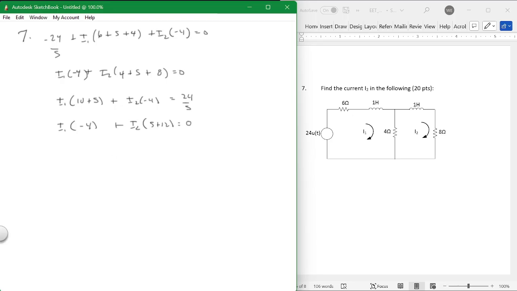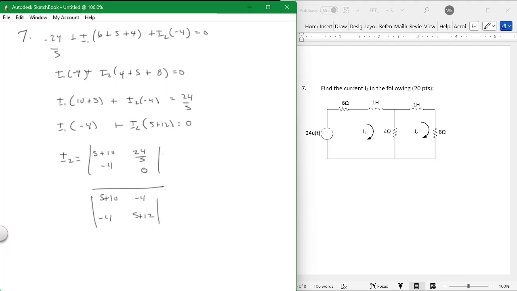Okay. So, how do you find I2? I2 is equal to, the S plus 10 stays, the minus 4 stays. Instead of the I2 column, you put 24 over S and 0, and that's your determinant in the numerator. In the denominator, it's S plus 10, minus 4, minus 4, S plus 12.